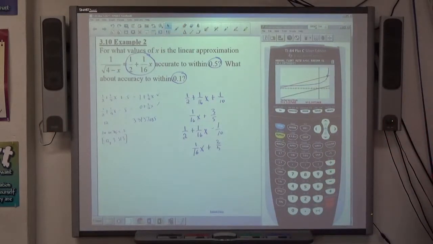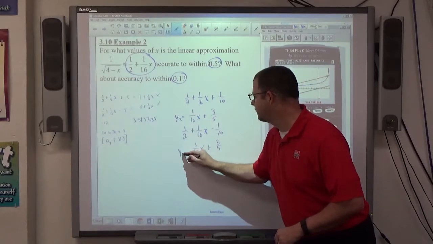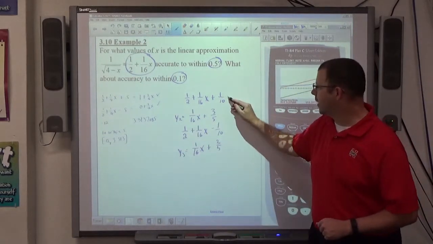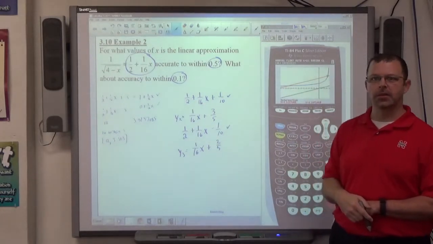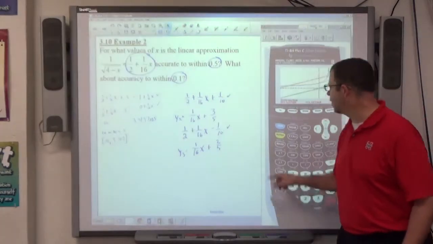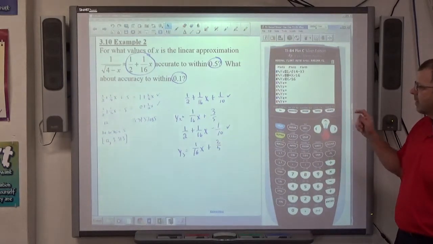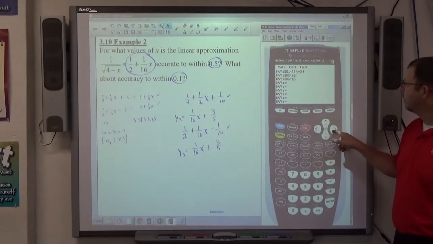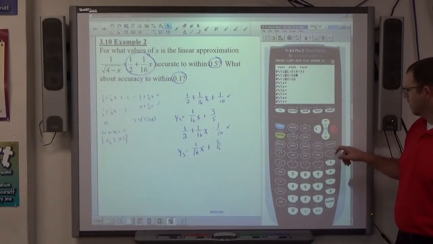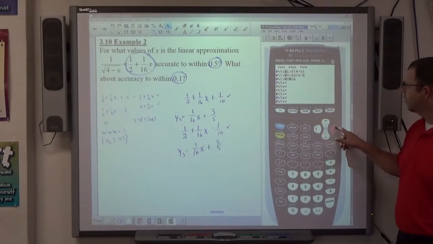All right? So again, I want to know what y2 and y3 should be. y2 simply add the error you're allowing, y3 subtract the error you're allowing, and then simplify as much as you possibly can. So y2 equals 1/16x plus 3/5, and y3 equals 1/16x plus 2/5.